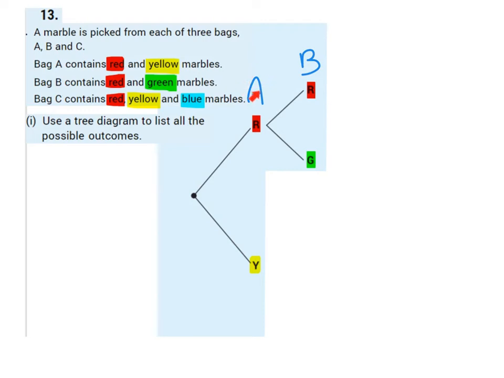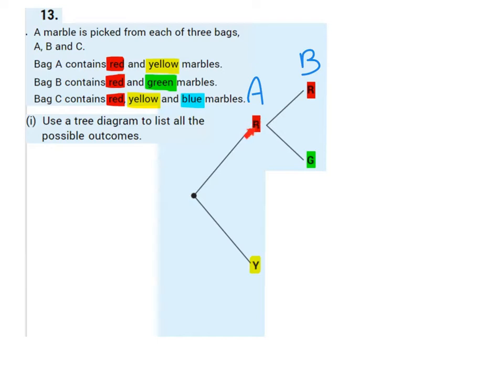Remember, A represents bag A, and the options for bag A are red or yellow. And B represents bag B, and the possible outcomes for bag B are red or green. So we could choose a red marble from bag A, and then for bag B, we have a choice of a red marble or a green marble.